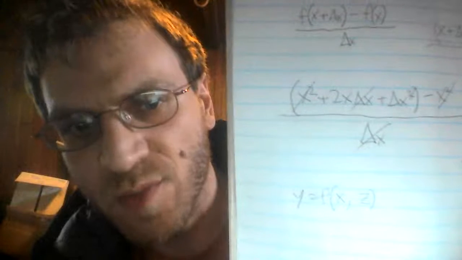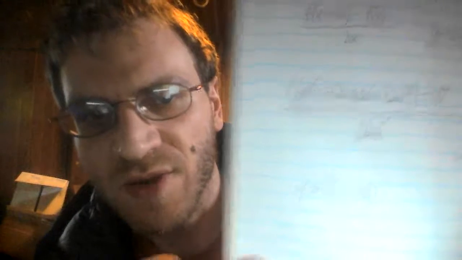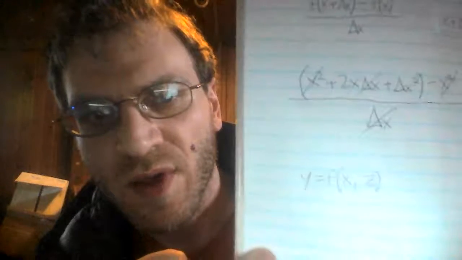The function has two parameters, x and z, and still has the output y. And in programming, a lot of the time there are function definitions that are a function of some data. Could be a number, could be a picture.